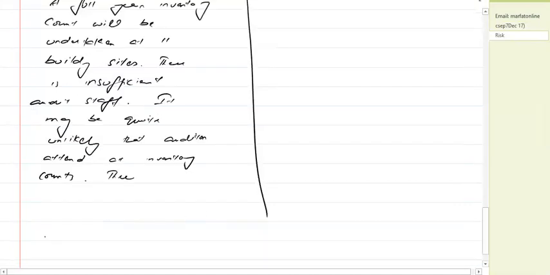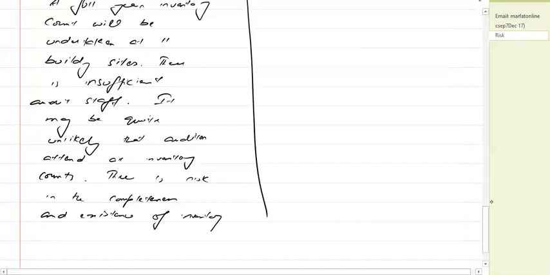There is a risk in the completeness and existence of inventory on the warehouses not visited.